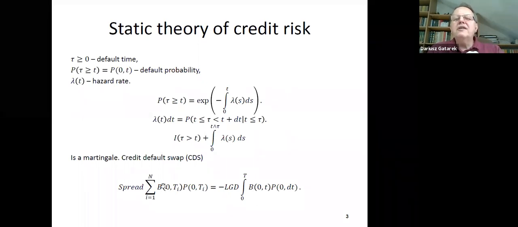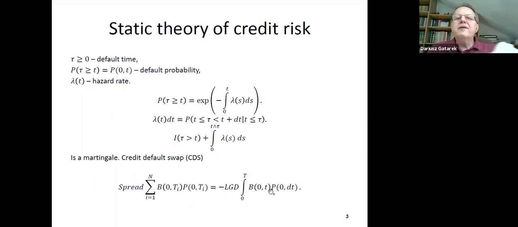And in exchange, this party gets from the second party a part of the nominal, so full nominal or nominal times loss given default.